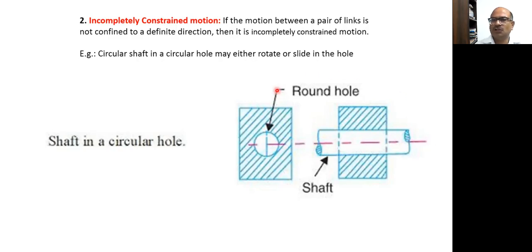So this type of motion is known as incompletely constrained motion. Definitely it is restricted in this direction because the shaft cannot move here and there, but the shaft can move to and fro as well as rotate.